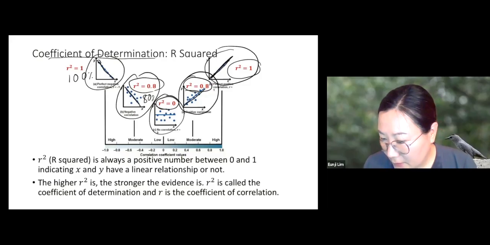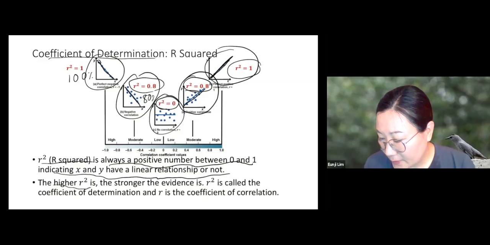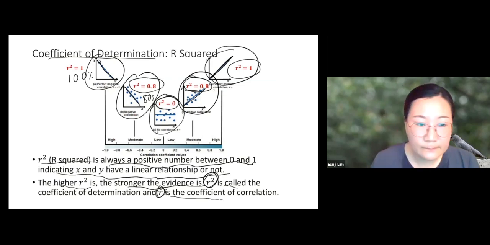The R-squared value is always a positive number between 0 and 1, indicating whether X and Y have a linear relationship or not. And the higher R-squared is, the stronger the evidence is. R-squared is called the coefficient of determination, and R, which is the square root of R-squared, is the coefficient of correlation.